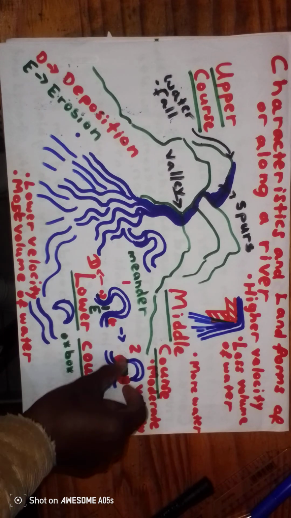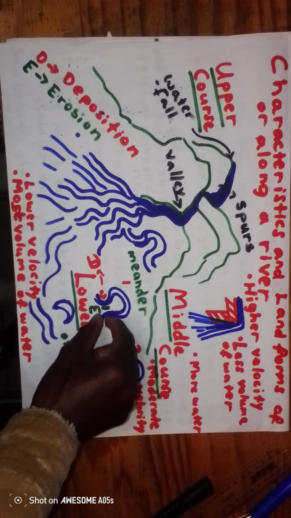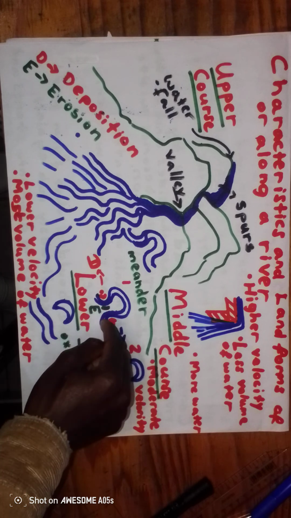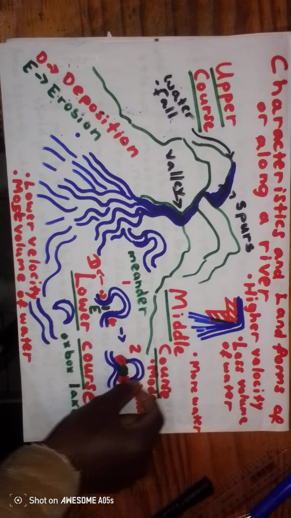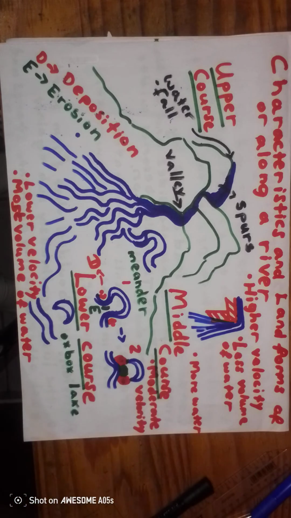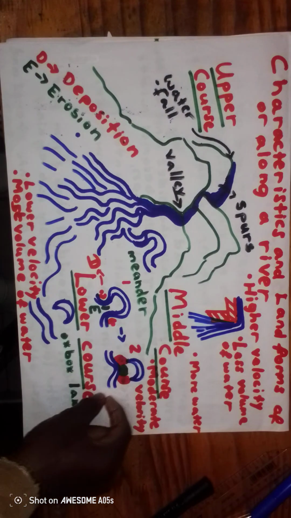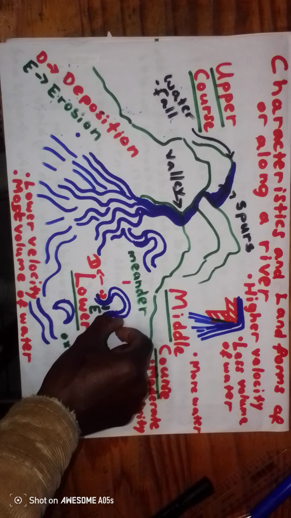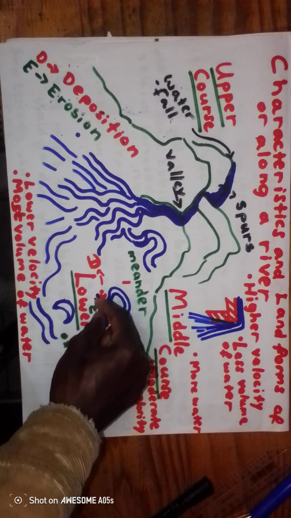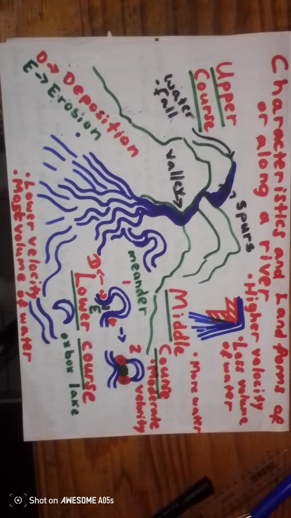Now we have a space between this flow of water, which will now be forced to flow that way, and this one is separated, and that's how we have our oxbow lake. So these two formed that one because they were separated from this whole by deposition and erosion. Then we have our oxbow lake. Very well. I believe we understand much of what I've said.